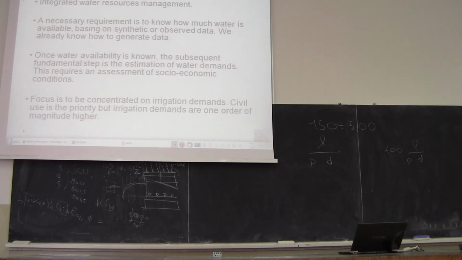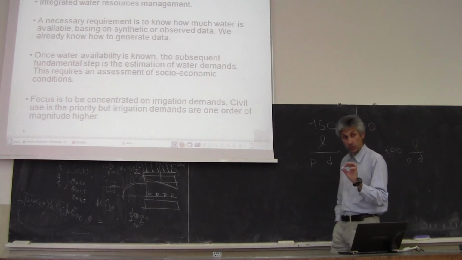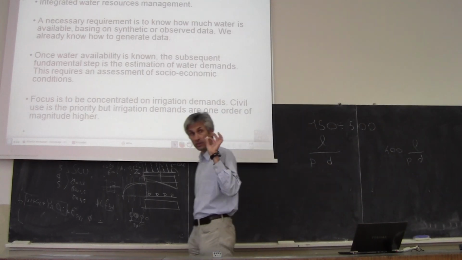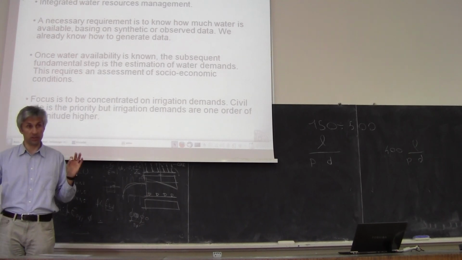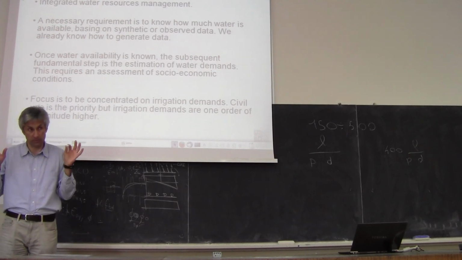Agricultural use covers about 70% of the total water consumption. And keep in mind that the agricultural use is extremely important because it's water for food. It's more important than the civil use in principle.